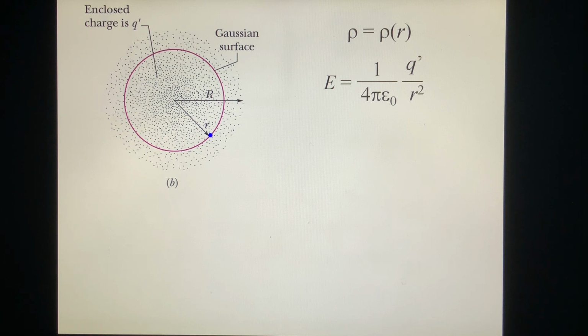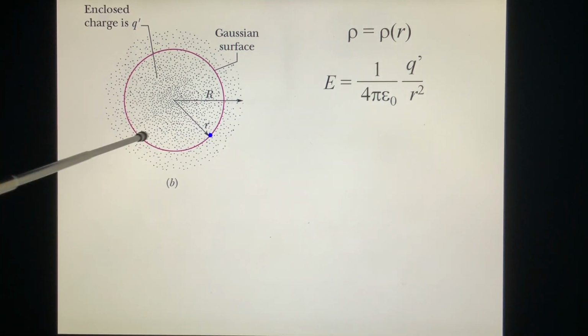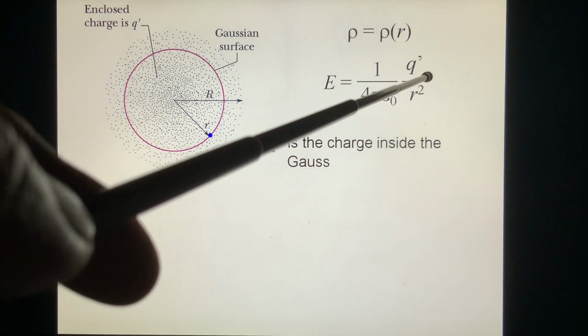We think of E at this point as due to Q prime as a point at the center. What is Q prime? Q prime is the charge inside this Gaussian surface. So how can we find this?